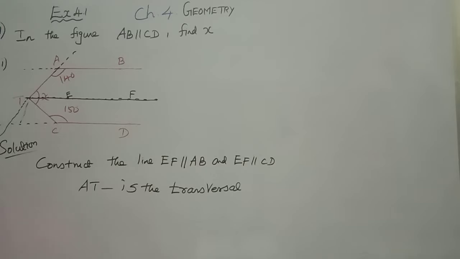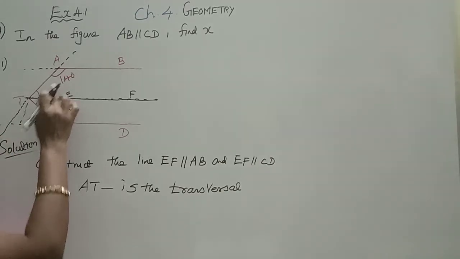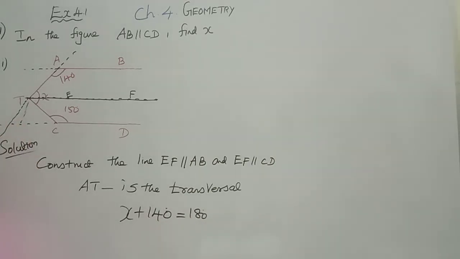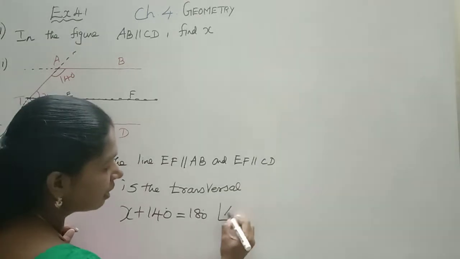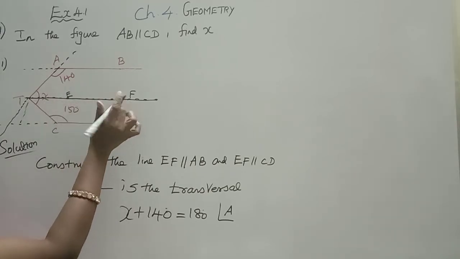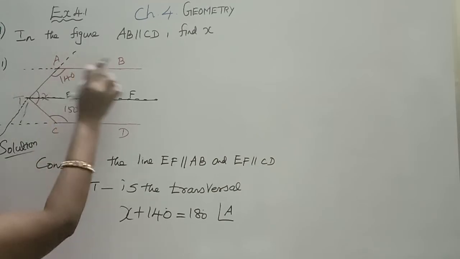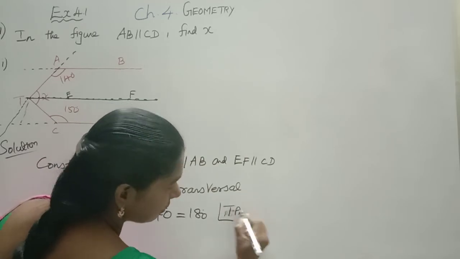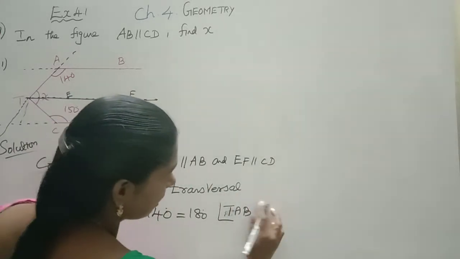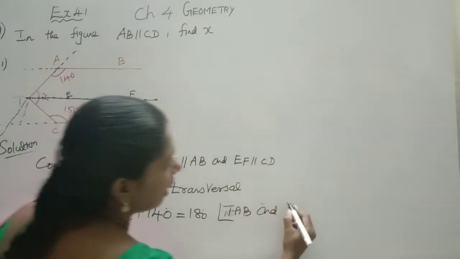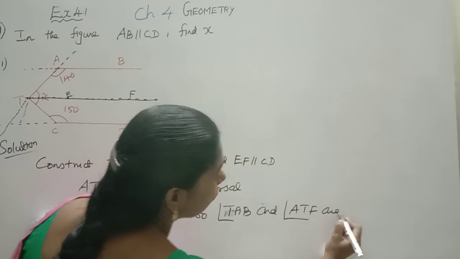And we saw the interior angle sum will be equal to how many degrees? 180 degrees. Therefore, since AT is a transversal, here we can write x plus 140 equals 180 degrees. Reason: angle TAB and angle ATF are what angles?